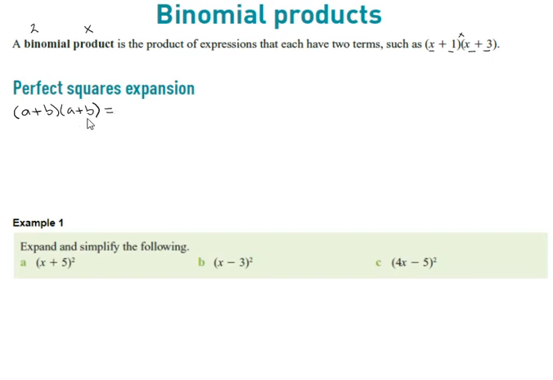We're going to do A times A plus B, and then plus B times A plus B. So that will equal A squared. A times B is AB. Next one, B times A is BA. But remember, AB and BA are exactly the same thing. And then we have B times B, which is B squared.